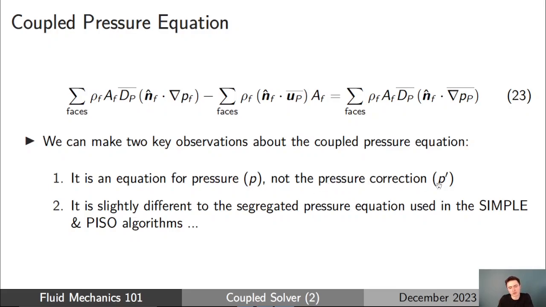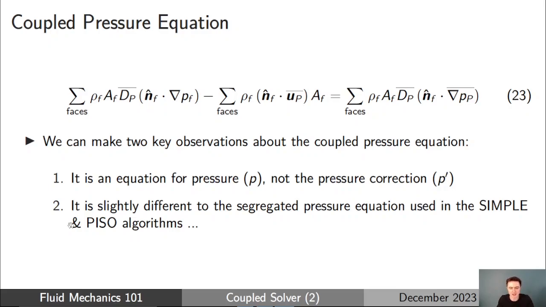It's not a pressure correction. So this is very different. This pressure equation itself is very different to the pressure correction equation that you may see in some earlier literature for the SIMPLE algorithm. If you look in the textbook by Patankar, for example, the original SIMPLE algorithm uses a pressure correction field. But in this coupled pressure equation, we're using the pressure itself. So there's that slight difference there.